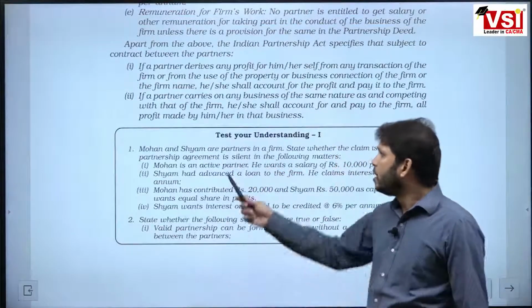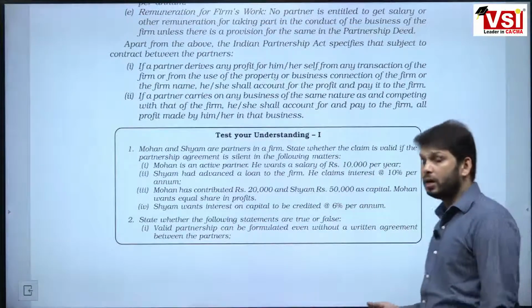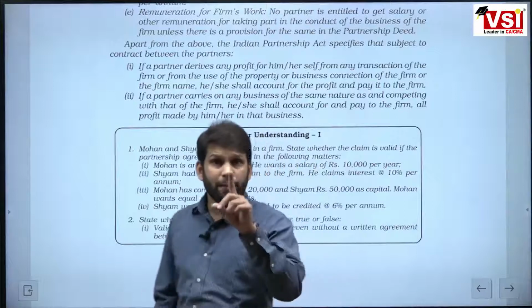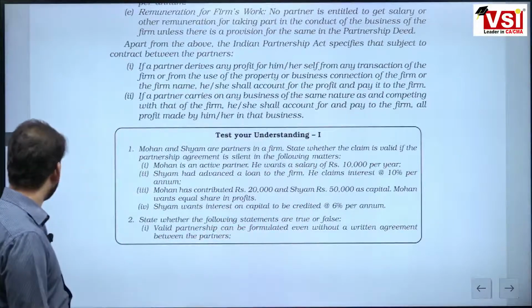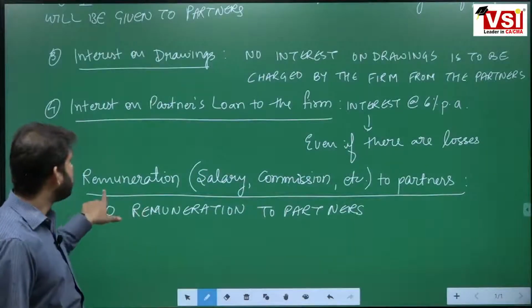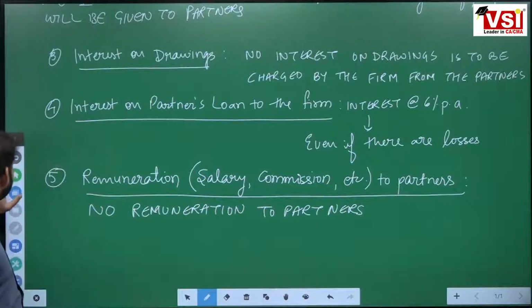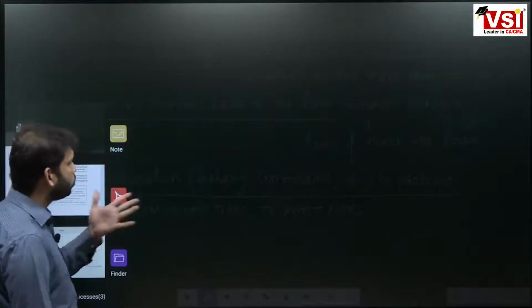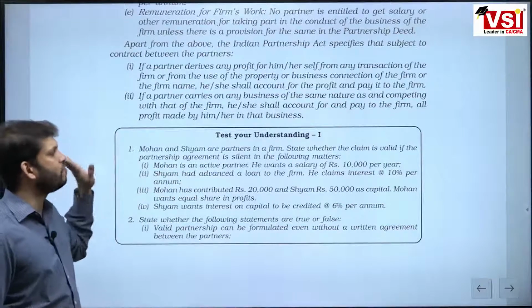So, let's say Mohan is an active partner, he wants a salary of 10,000 per year. The partnership deed is silent about remuneration. Salary is a part of remuneration, what we studied. No remuneration to partners. So the answer here is no. Mohan's claim is invalid.